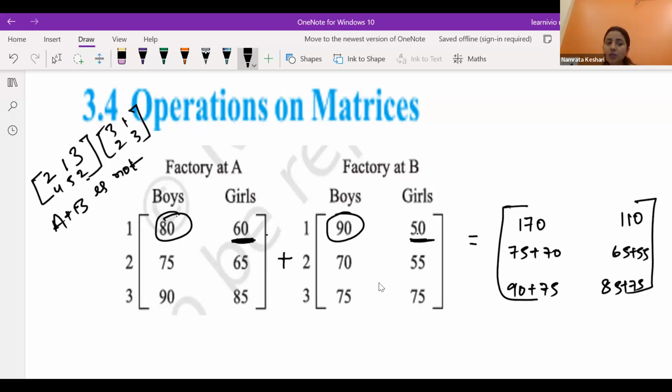Addition is not possible. A plus B is not possible. It makes sense as well: a11 is added with a11, a12 with a12, but what will be added with 3? Nothing.